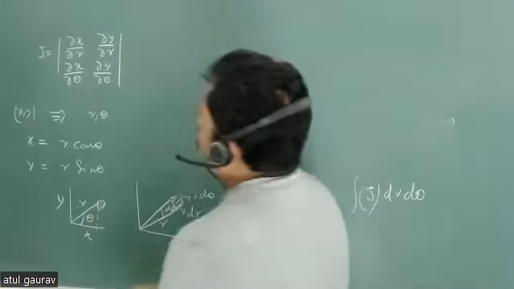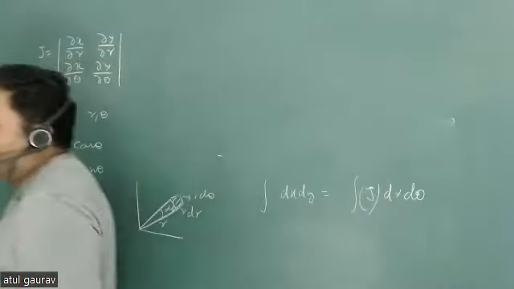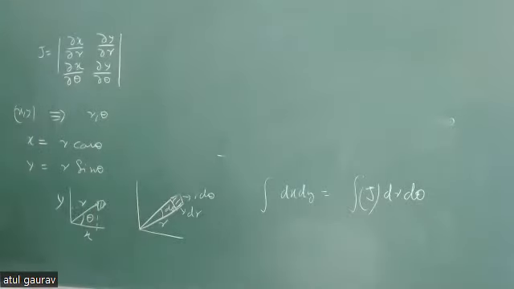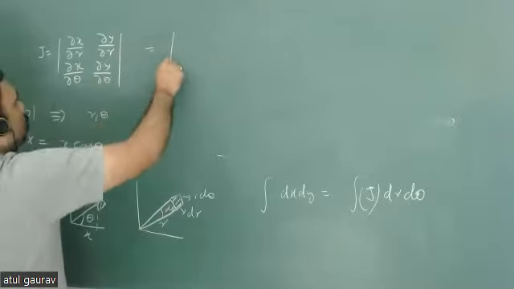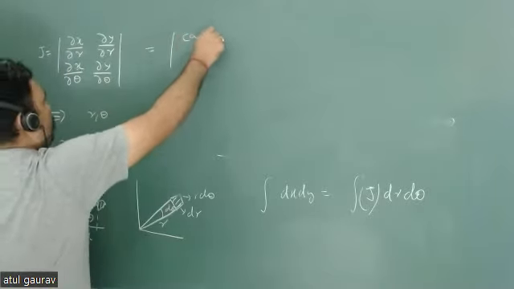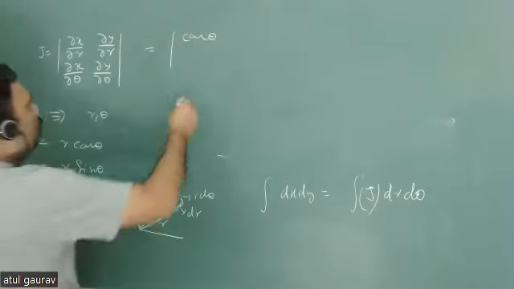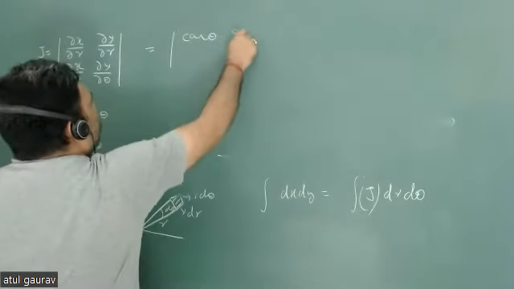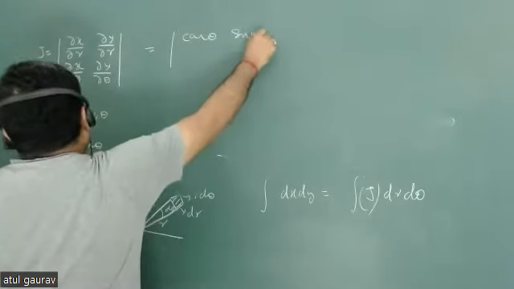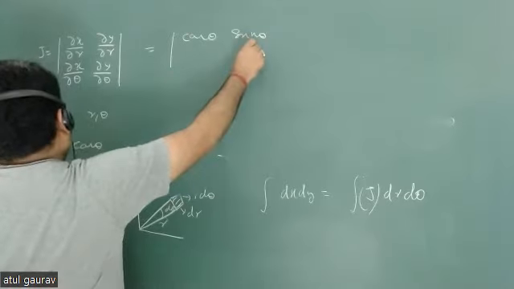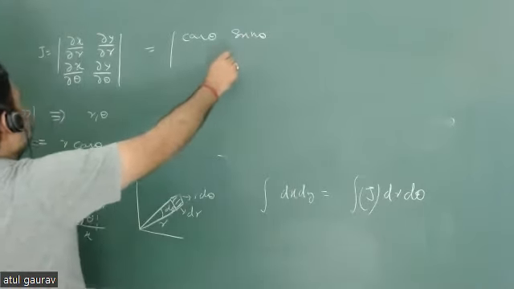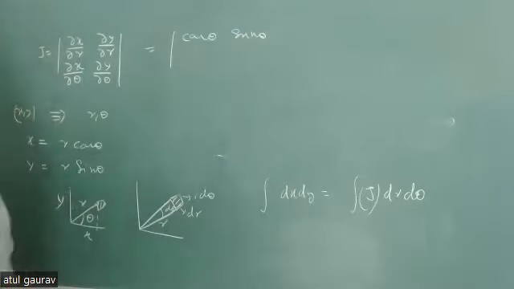So how you can calculate this particular thing? This is very interesting. We have to go for del x upon del r. So what is del x upon del r? Cos theta. Del y upon del r? Sin theta. Yes, sir, that is correct. Now del x upon del theta?